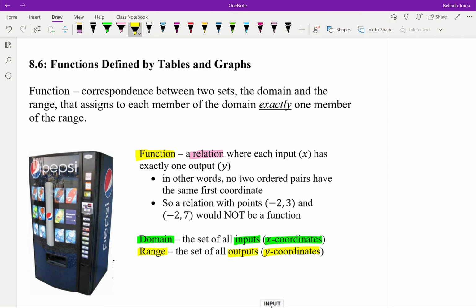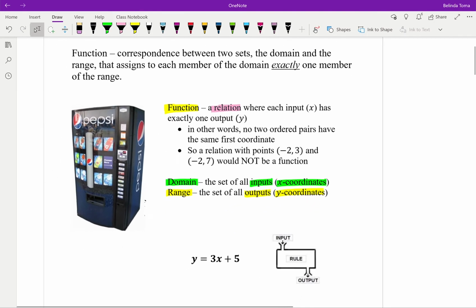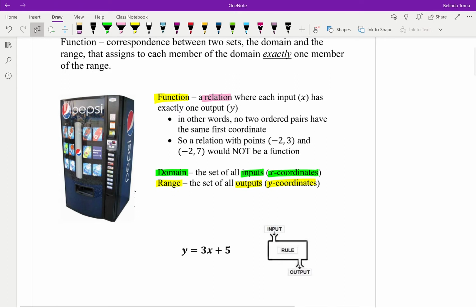The reason we have a Pepsi machine here in this example is because we're going to reference what's called a function rule. What happens is we put something into the function machine, if you will, and there's a rule that performs an operation, and then we get our output.